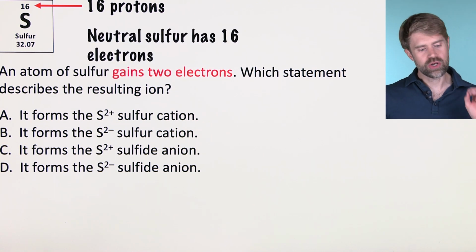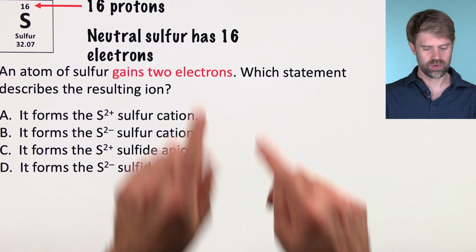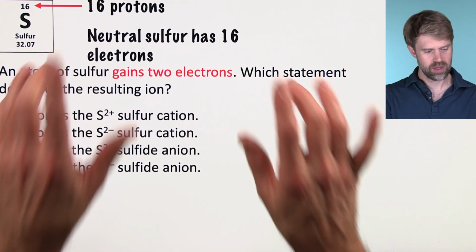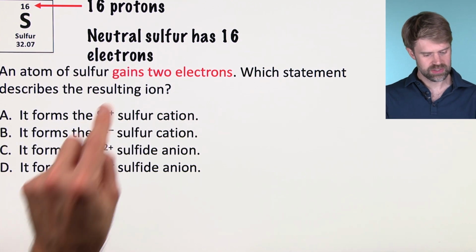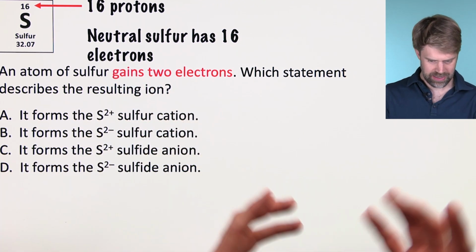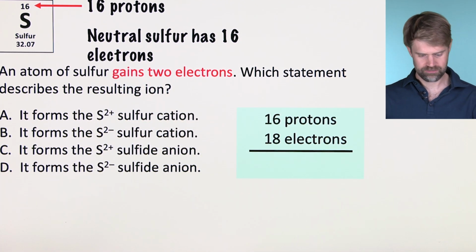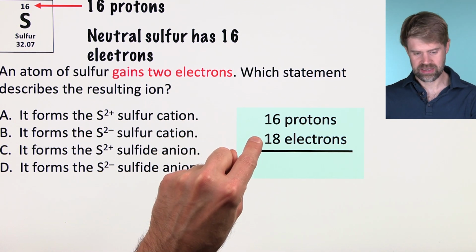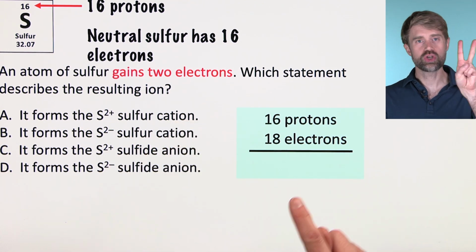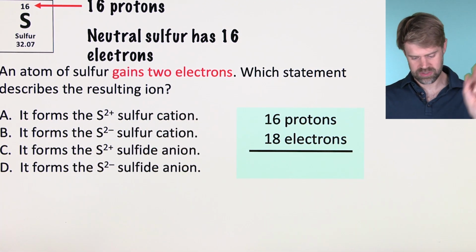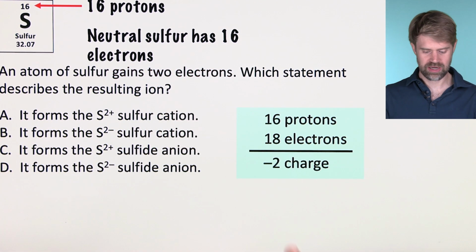Normally, a neutral sulfur atom would have 16 electrons to balance out the 16 protons. But this problem says that sulfur gains 2 electrons. So let's do a little accounting and think through the math. 16 protons and 18 negative electrons. That's 2 more electrons that aren't getting balanced out by protons. Electrons have a negative charge, so we're going to have a -2 charge.